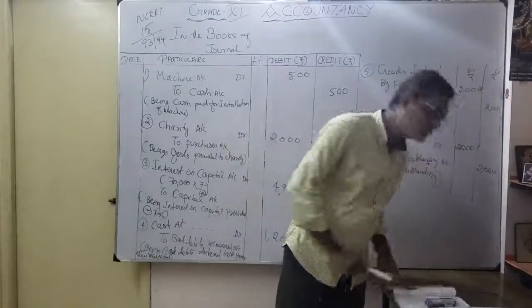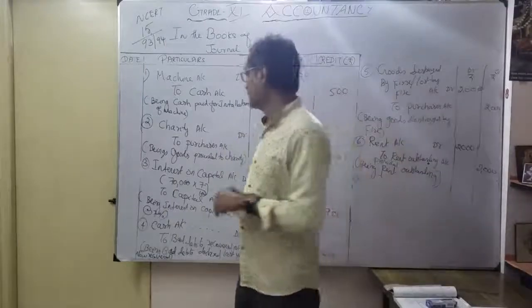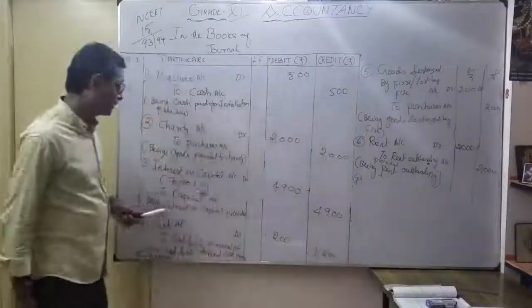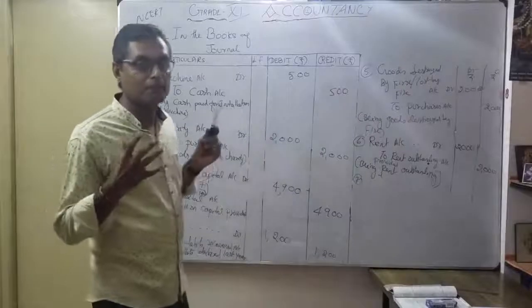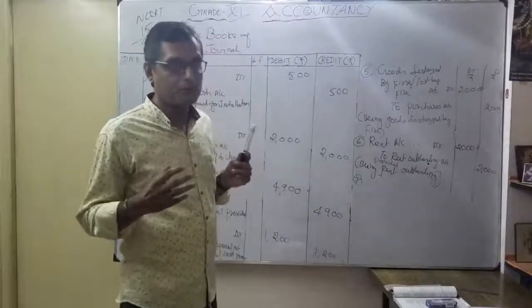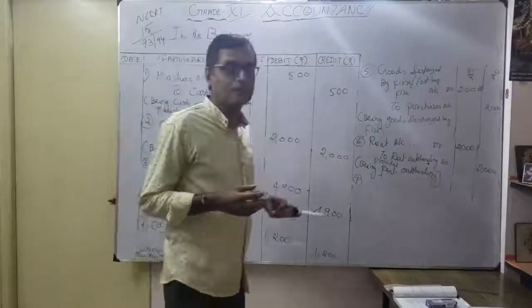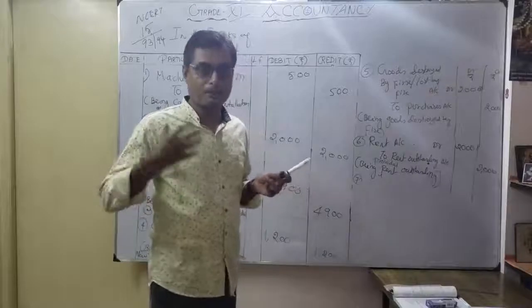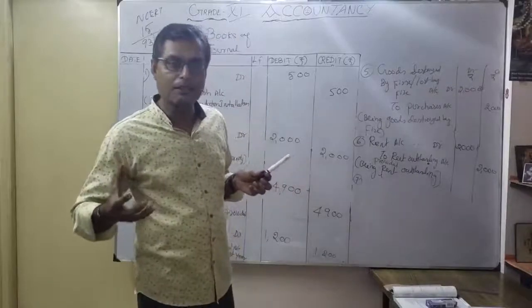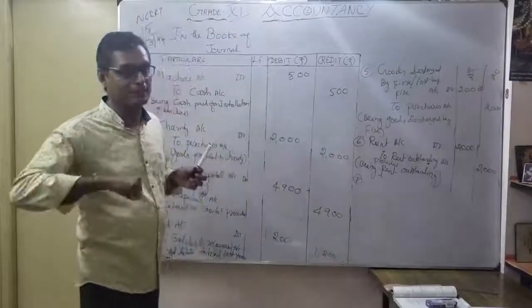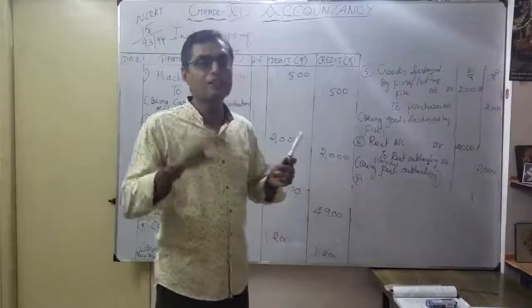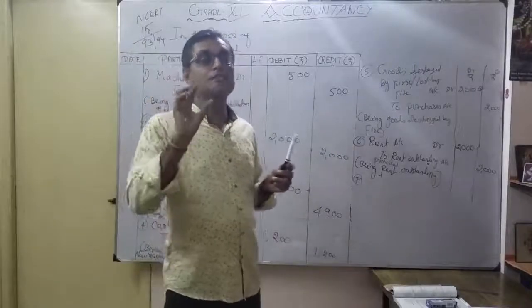Interest on drawings, 900. See, here we discussed interest on capital. You are utilizing our company money, and for that you are paying interest. This one, suppose a person withdraws capital for personal use, or you take money, we charge an entry to drawings. So on any drawings, the company will charge interest.